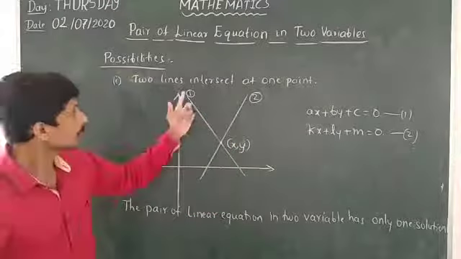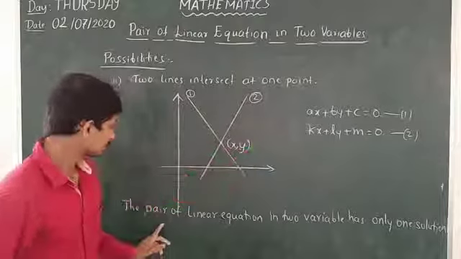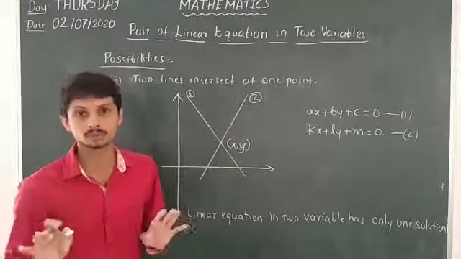So two lines intersecting at one point means the pair of linear equations has only one solution.